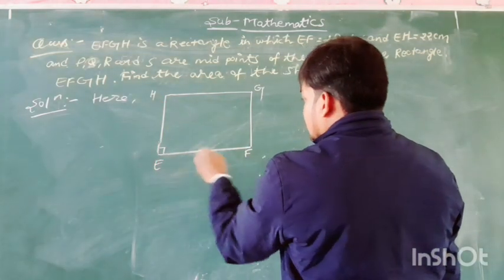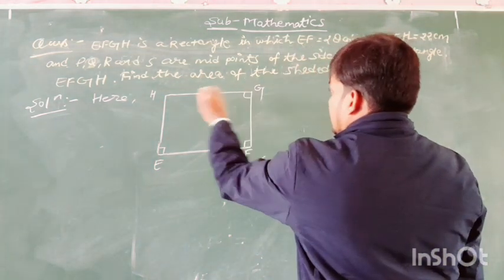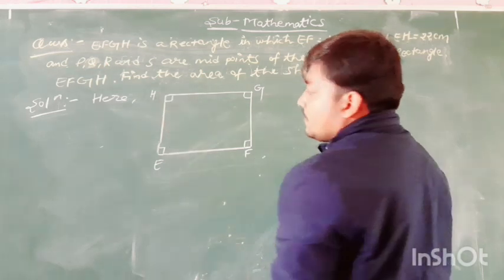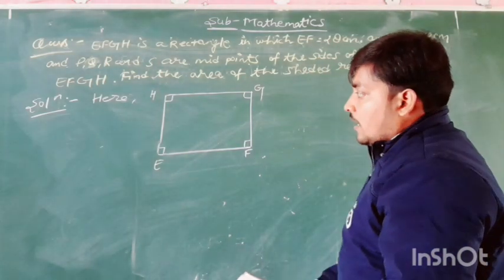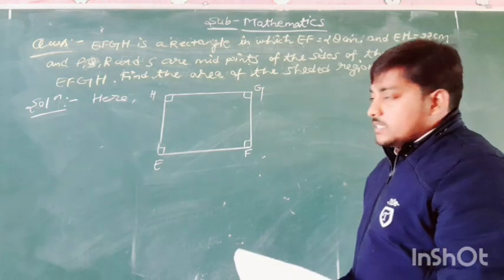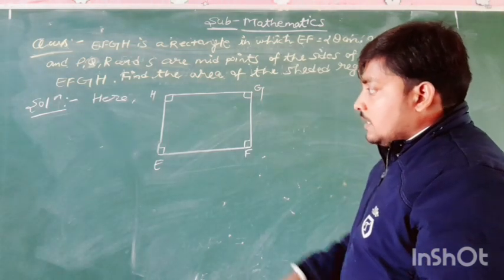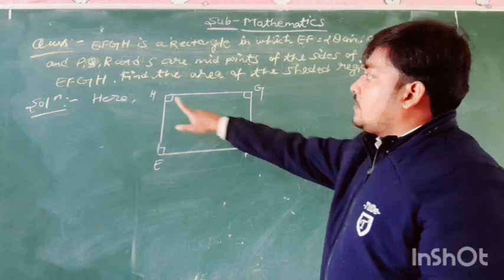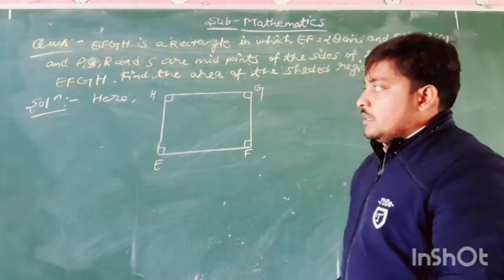In this case, all the interior angles of a rectangle will be 90 degree and opposite sides of the rectangle will be equal to each other. This means EF is equal to HG.